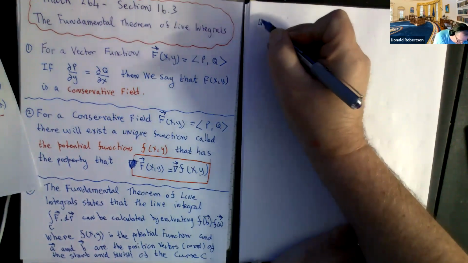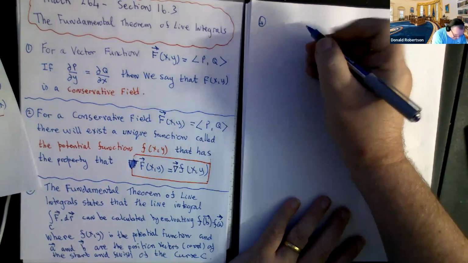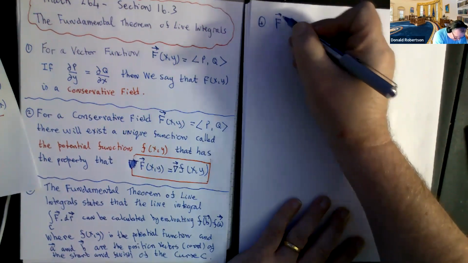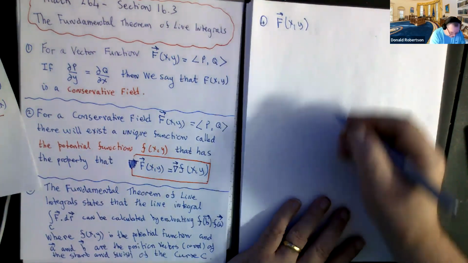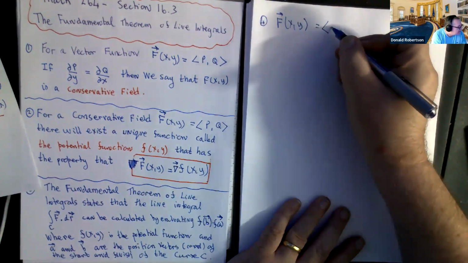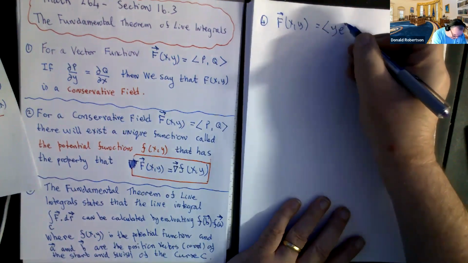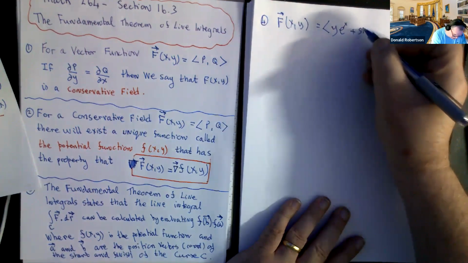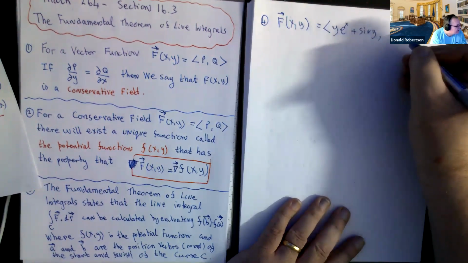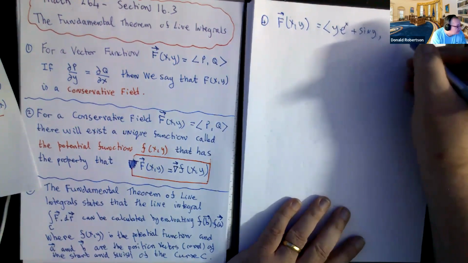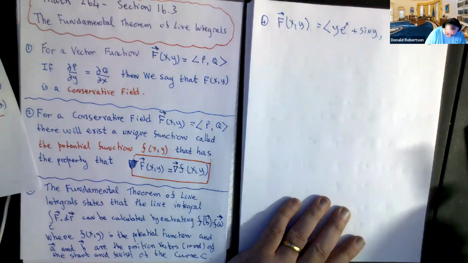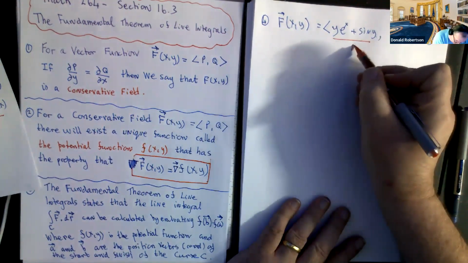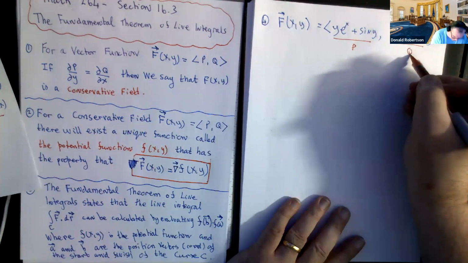So this is question 4, and our vector field, vector function, is y e to the x plus sine y, and e to the x plus x cosine y. This is going to be p, and this is going to be q.